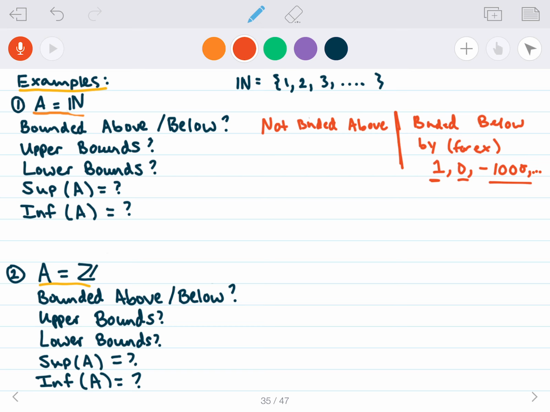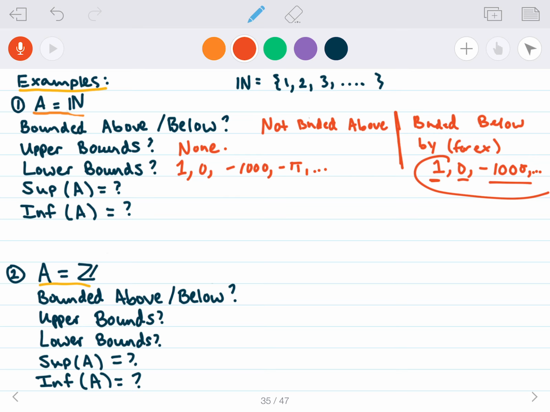So the upper bounds, we just said there are none. You can always find a bigger natural number than the upper bound you choose. So there's no upper bounds. Lower bounds, we just mentioned all of these: 1, 0, negative 1,000, negative pi, I don't know.